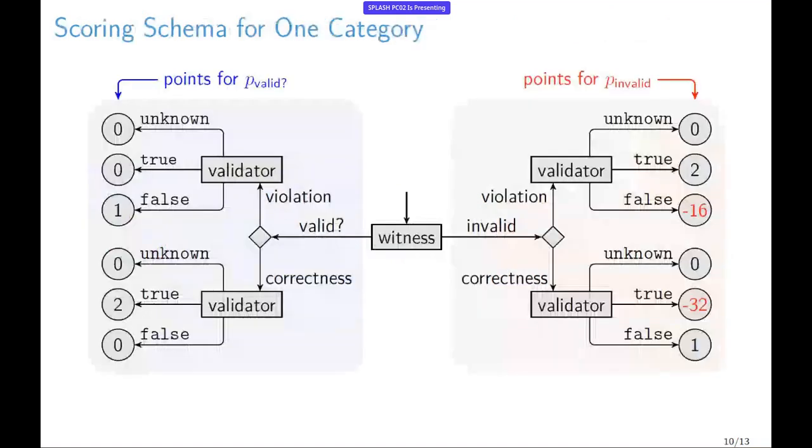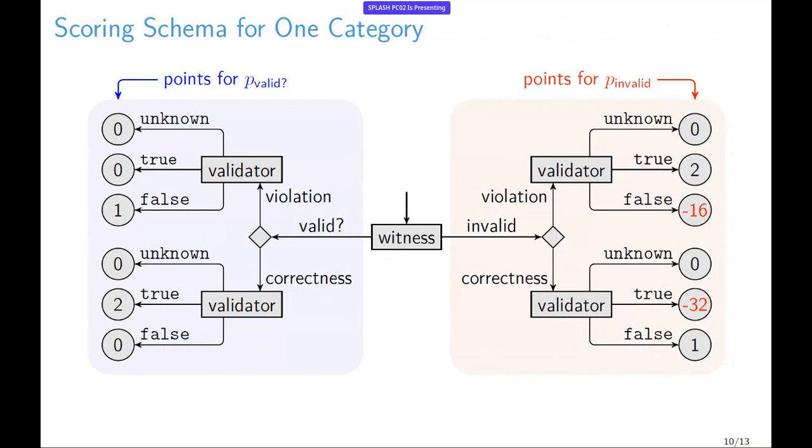So here's the scoring schema that we have proposed, and it was accepted by the community in the last community meeting of the competition. This basically is a decision diagram. If the witness is invalid and a violation validator tells us that it is true, so it refutes the violation witness because it cannot confirm the bug, then it gets 2 points, right?